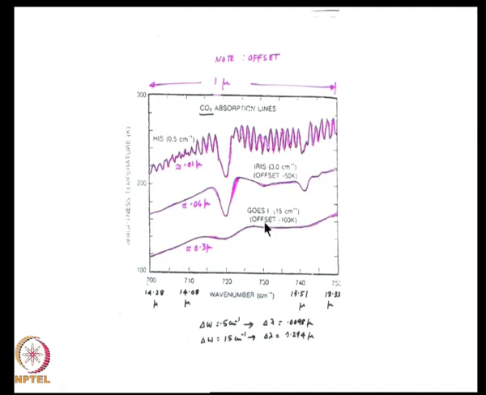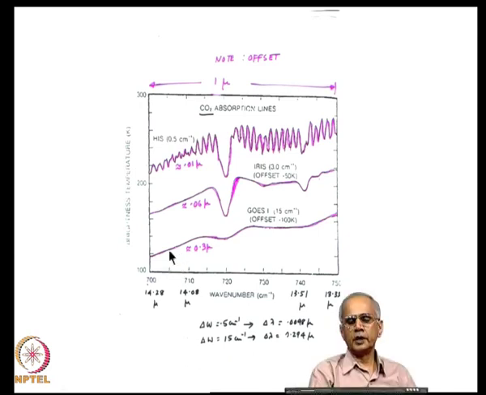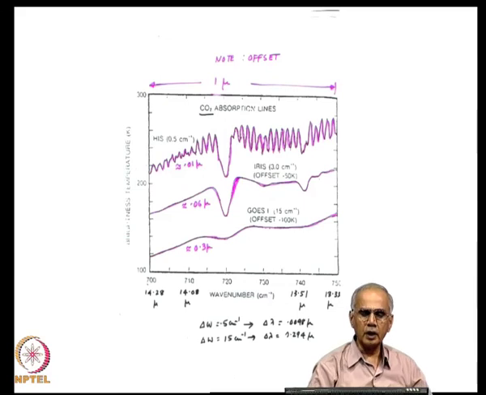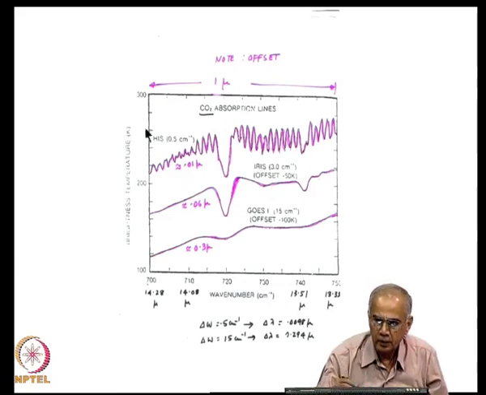The older satellite is GOES, which had a very poor wavelength resolution. So, you get a very smooth curve. On the other hand, you look at other satellites like IRIS, with high resolution, high infrared.